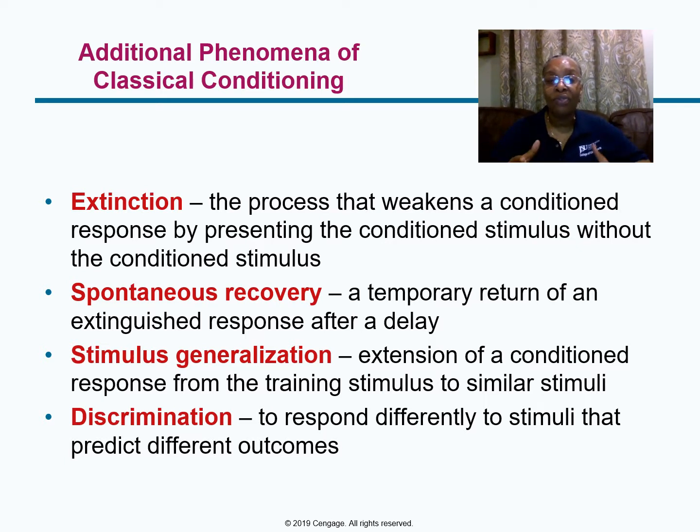These are different ways for us to discriminate, being able to predict different outcomes based upon our experiences and knowing the difference between a school bell and a fire alarm. There might be only slight differences, but knowing when it's ringing and how it's ringing allows us to discriminate what it is, which allows us to react differently.